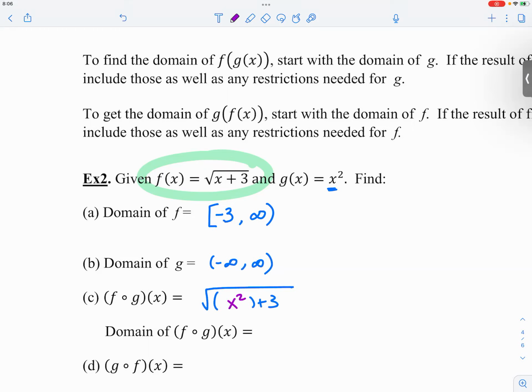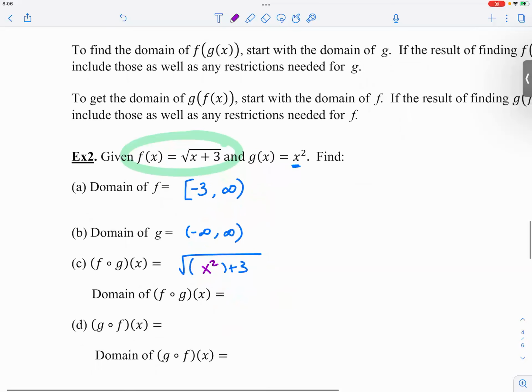Okay, and then just think about this. In this case, with this new look right here, square root of x squared plus 3, can x be any number? And you think about, can it be positive? Yeah, positive is fine, because you will still end up with a positive number underneath the square root. Can it be negative? Like, can it be -10 in this case?